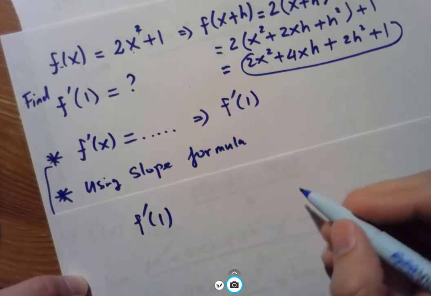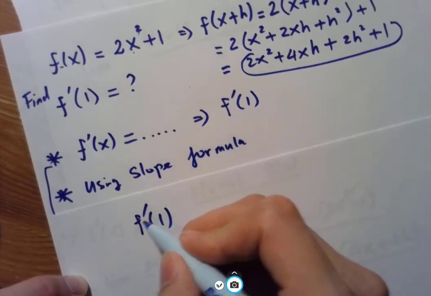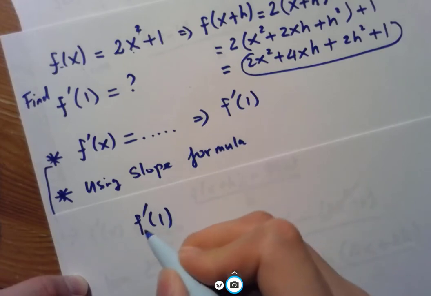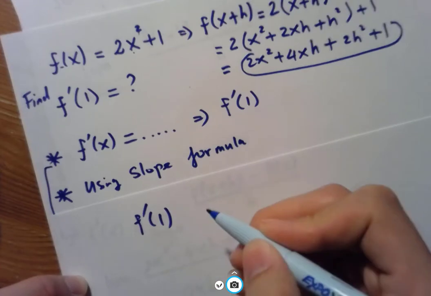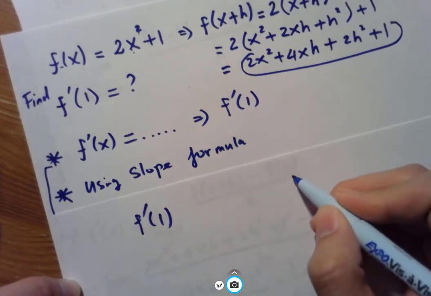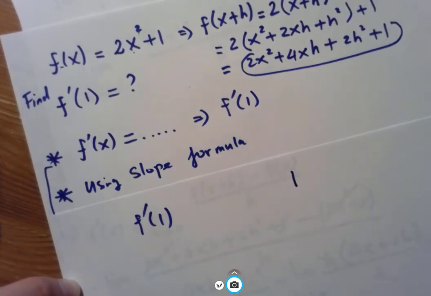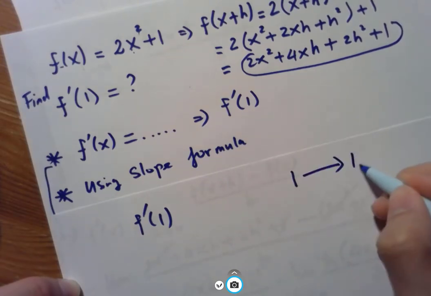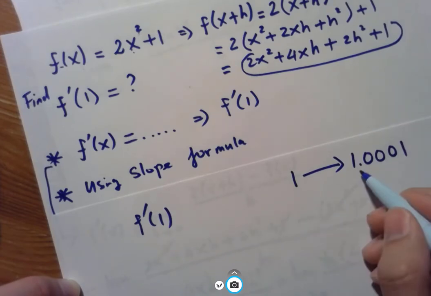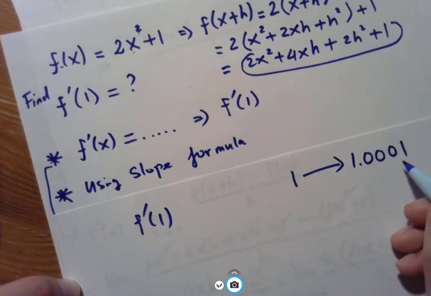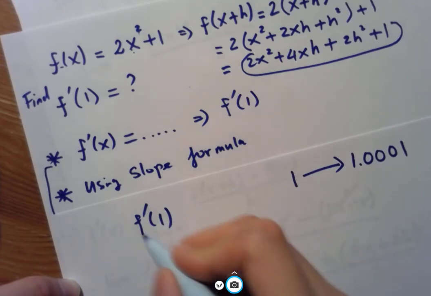That means I want the rate of change at the point 1, but we cannot apply the slope formula if we have just 1 point. Therefore, I have to pick 1 point after 1, but very close to 1. So 1.0001 is very close to 1 because we just want to find a value at 1 only.